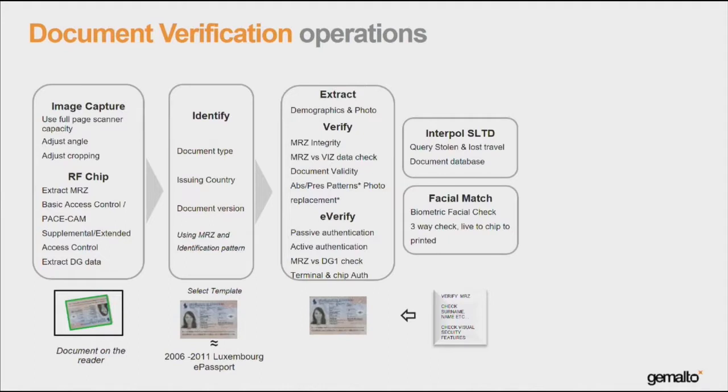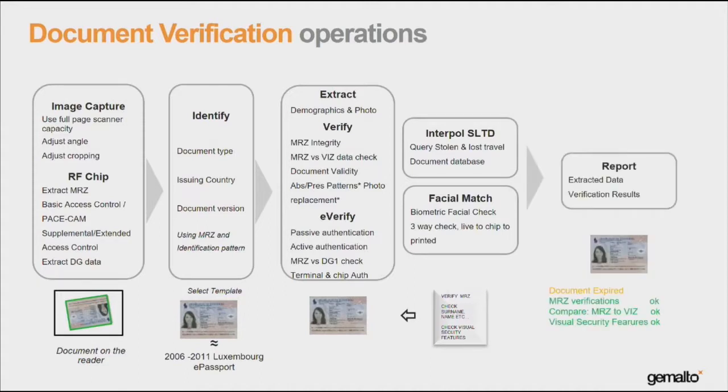It is also very useful to include a check for Interpol's lost and stolen documents, and where possible, an automated facial match to match the person presenting the document to the document itself, followed by being able to report all the results.